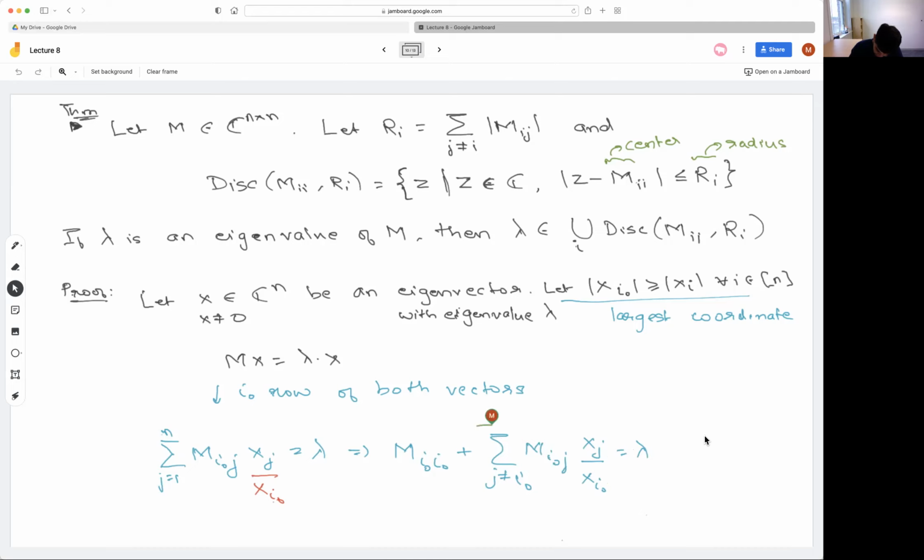A little bit of rearrangement gives us that lambda minus m_i0i0 is equal to the summation over j not equal to i0.